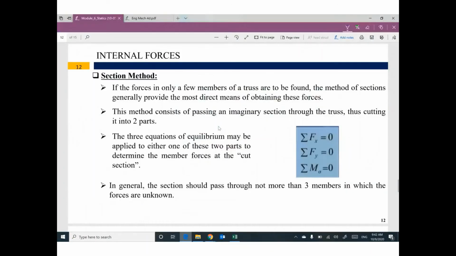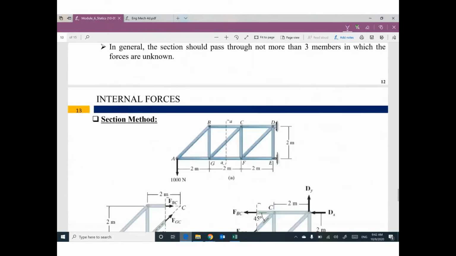We have another method, which is called the section method. For the section method, we have only 3 equilibrium equations: summation of F_x, summation of F_y, summation of moment. What do I mean by the section method?